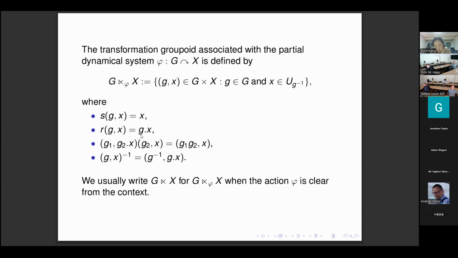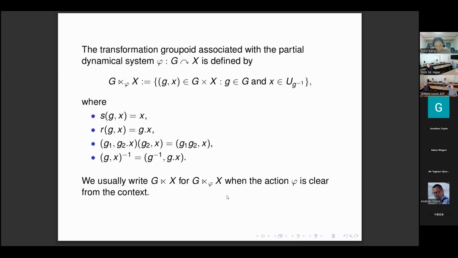And then the composition of two elements goes like this. Here the source of this element is the same as the range of this one, and we can multiply these two, and this goes to like here. And we can also consider the inverse of (g, x), which is (g inverse, g·x). And so we denote this transformation groupoid with this notation.